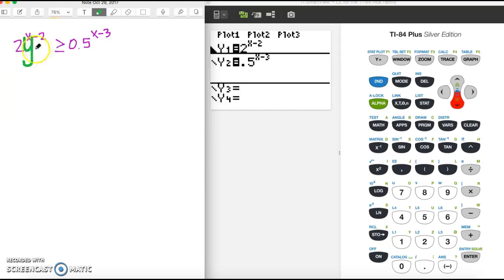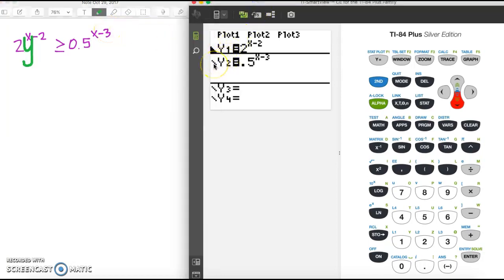So it says y is greater than or equal to 0.5 to the x minus 3. In my calculator, I want this to be shaded above since it's greater than. I'll hit enter, not that one, enter again, that one is shaded greater than.